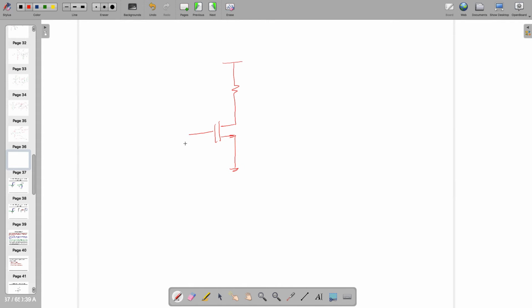So now tell me, what is the small signal gain? If this is M1, this is RD, this is VDD. So what is the small signal AC gain? Yeah. So looking from here, right?